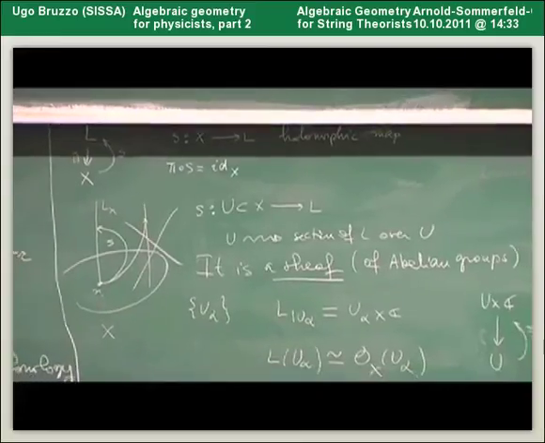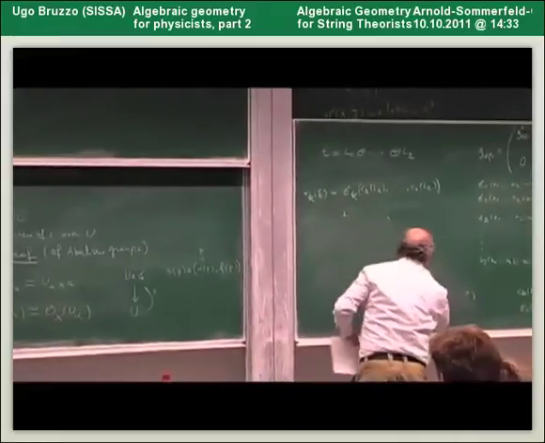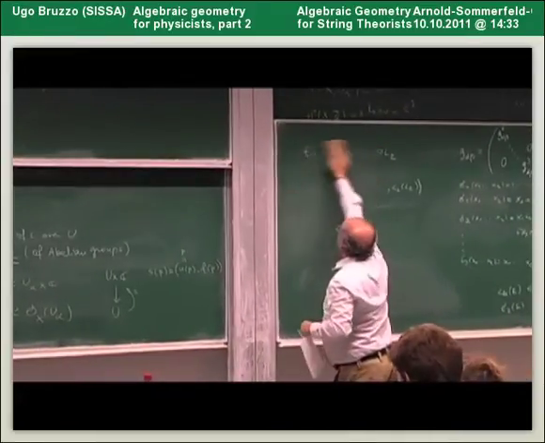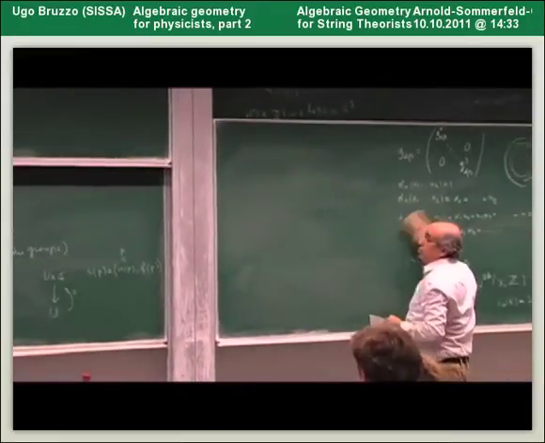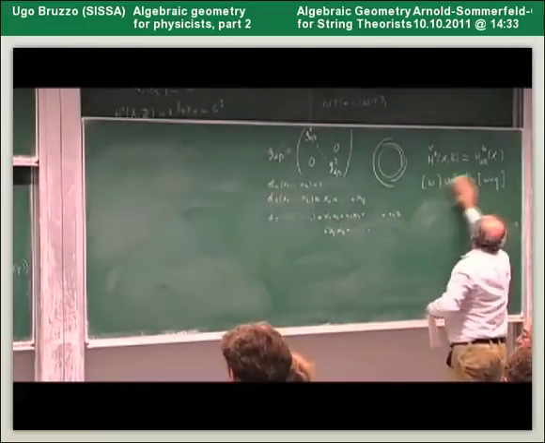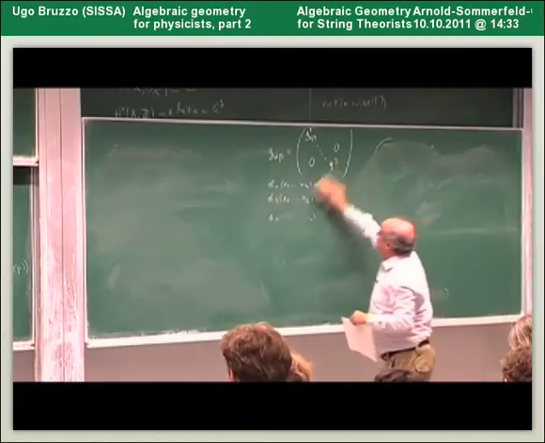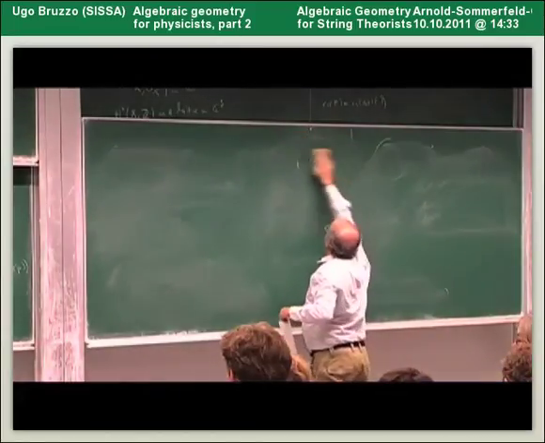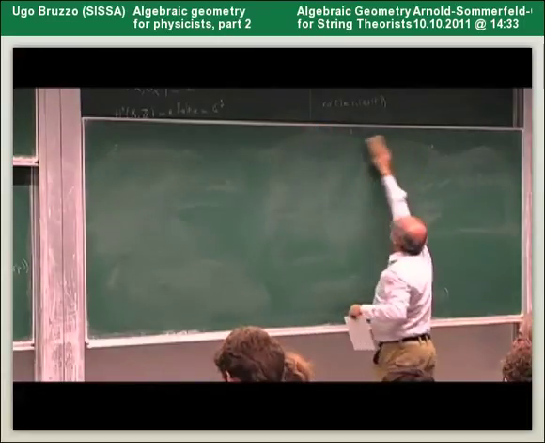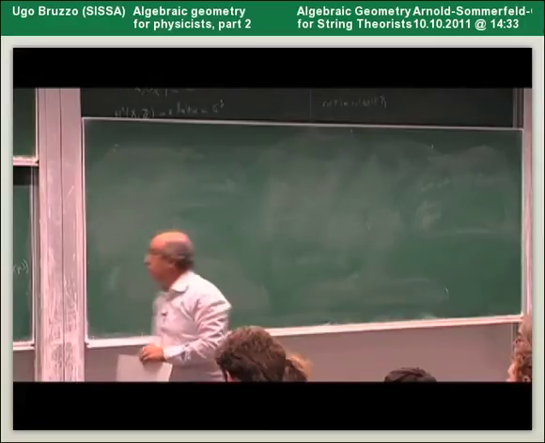Now, exactly for this reason, I took a detour after introducing a section of a line bundle. If I take a global section, this at least locally will be given by holomorphic functions.